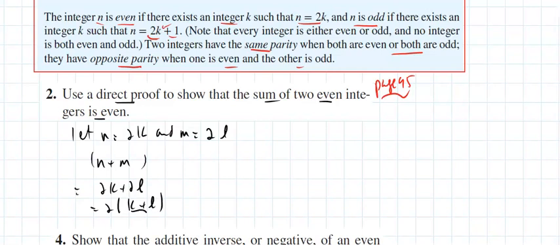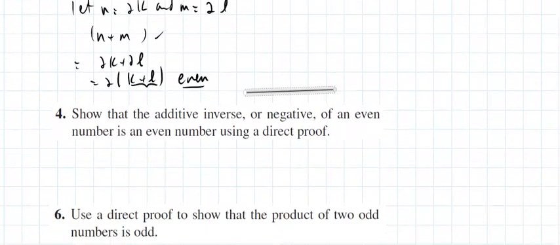And since these are integers, because that's an integer and that's an integer, therefore 2 times an integer will show that n plus m is even. Really simple, straightforward. We want to do a couple of those for now, and then we're going to elaborate on rational and irrational in the next lecture.